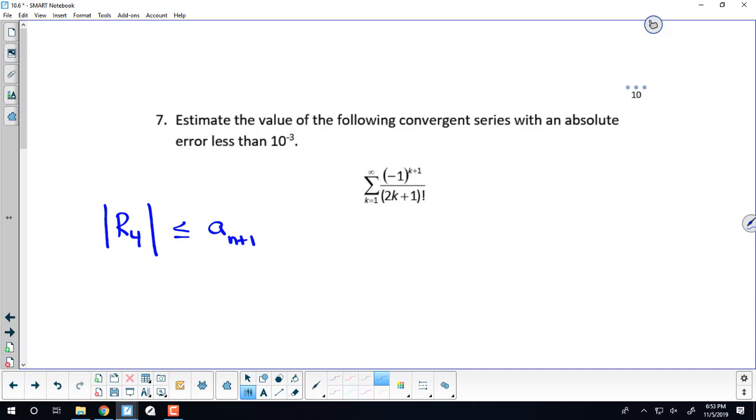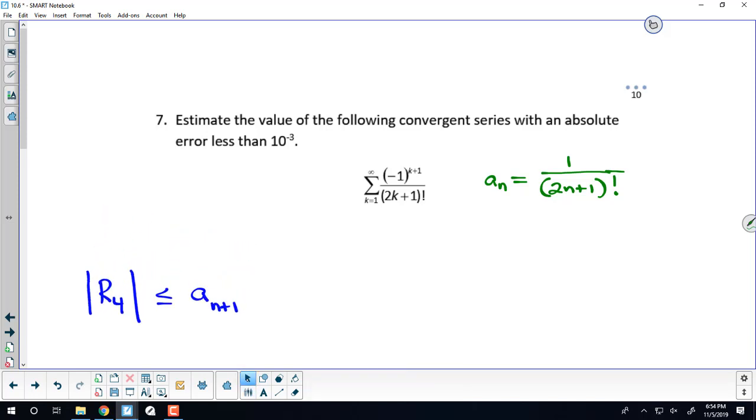So what is our a sub k or our a sub n for this series? A sub n would be what? Plus 1 over 2k plus 1 factorial. The stuff that doesn't have the switch. Okay. And then the first neglected term is the a sub n plus 1 term.